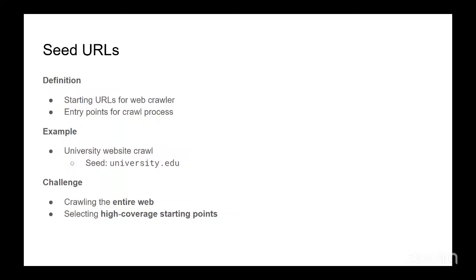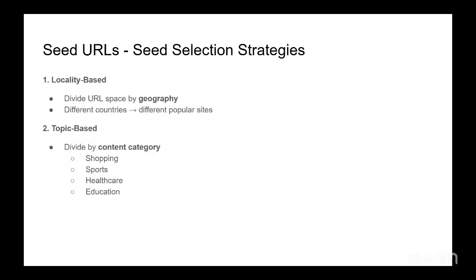So what we can do is select the seed URLs in two ways. First, based on locality. For example, we can divide the URL space by geography, based on different countries. I can say that from USA, I want to select these URLs, from Canada, I want to select these URLs, and so on.